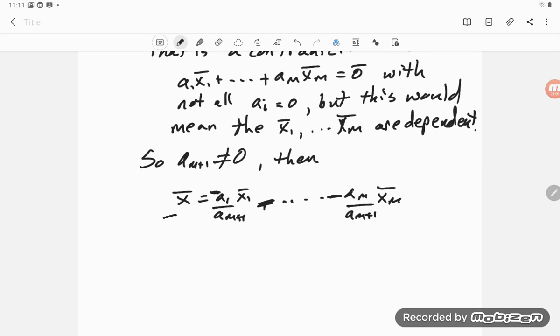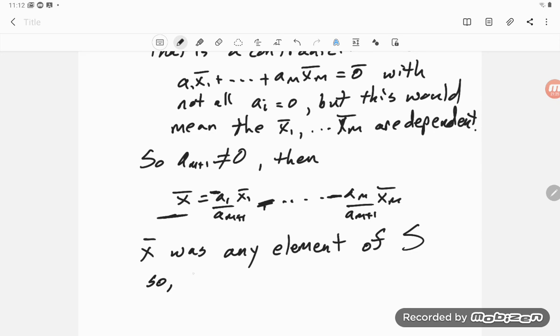And x was any element of S, so x1 to xm span S, because I could do that with any element x. It's in the span.